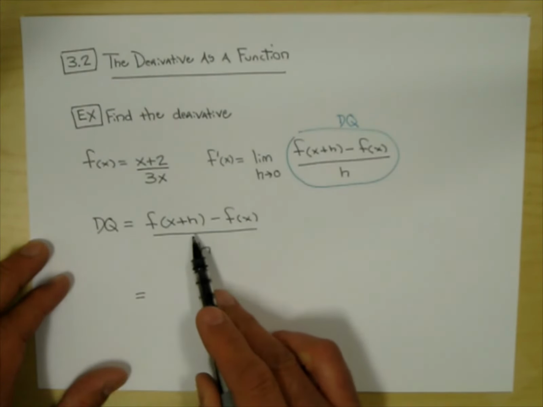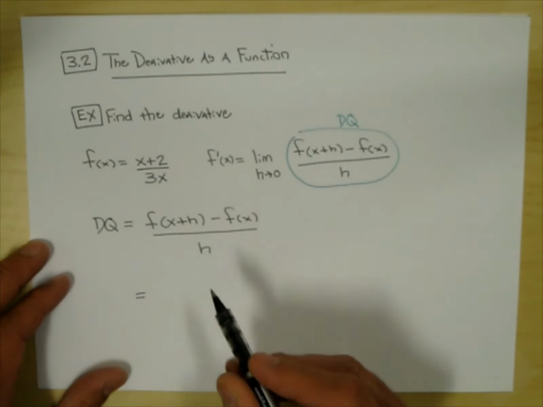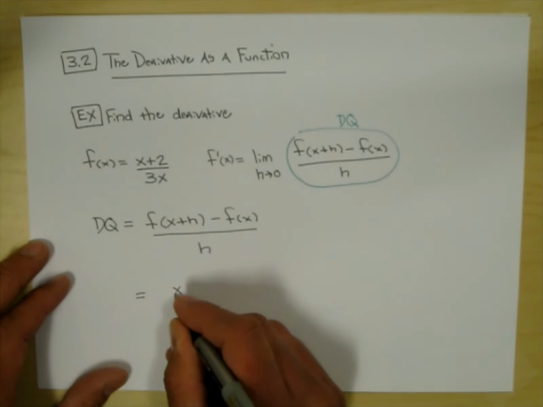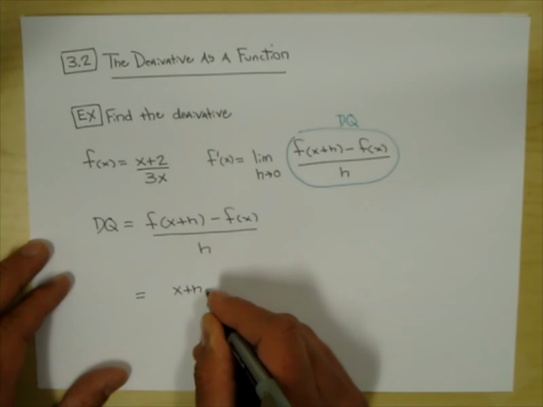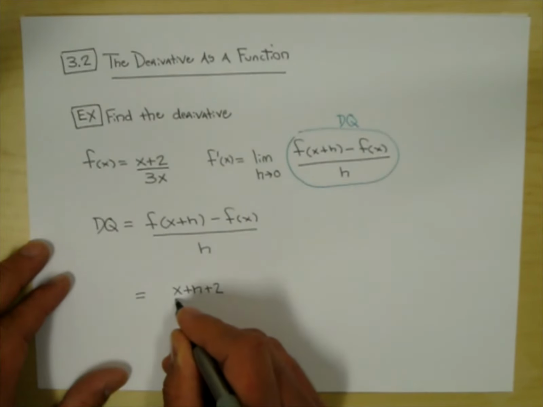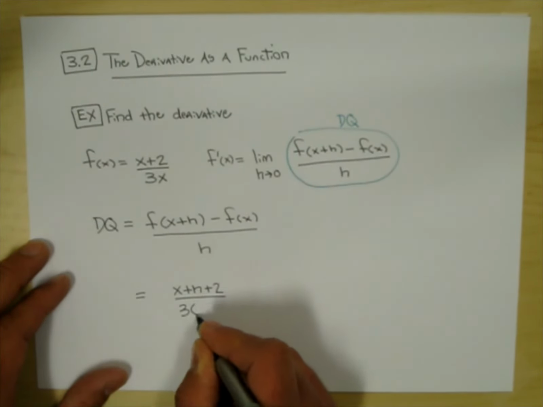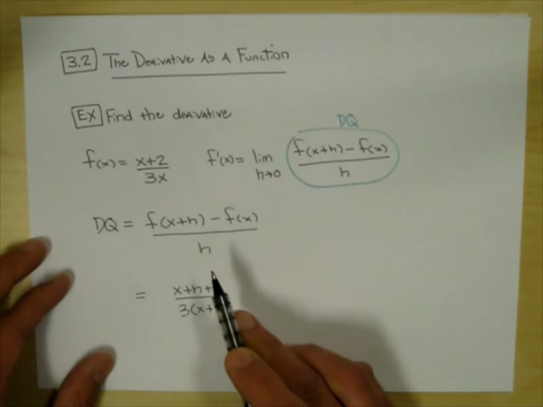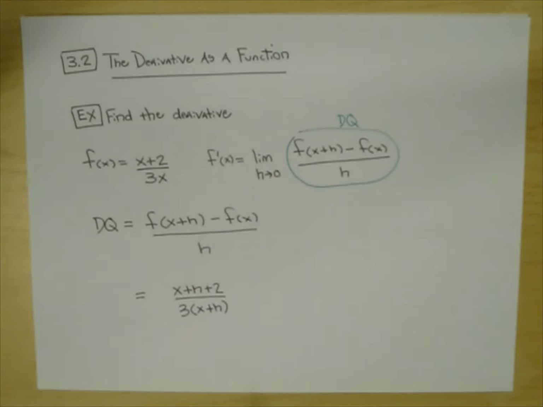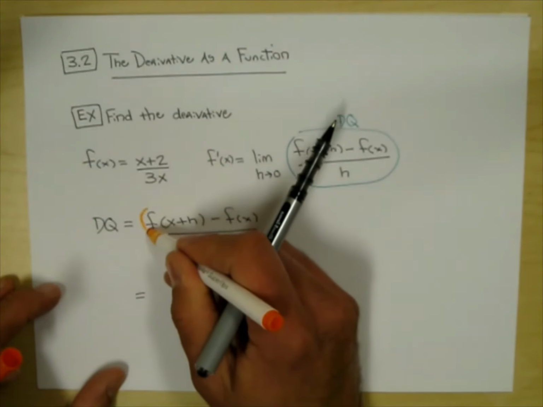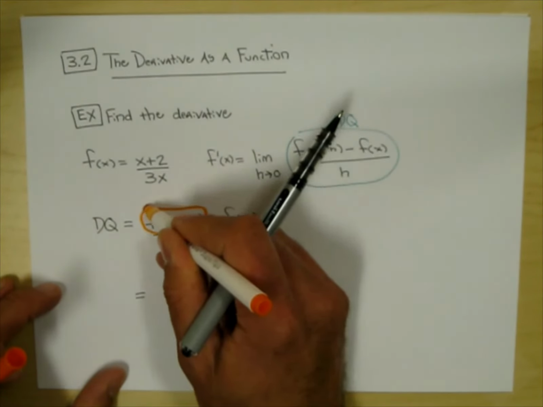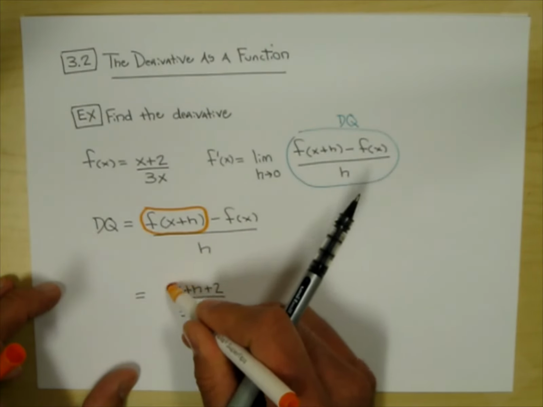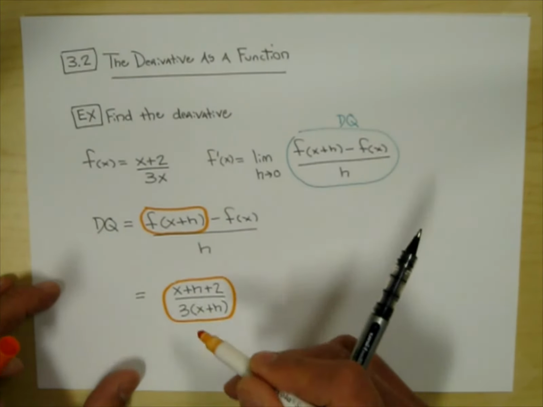Okay, f of x plus h. So everywhere there's an x, I'm going to put an x plus h. So that's that first part. I'll color code it like I've been doing on some of them. So that became that.